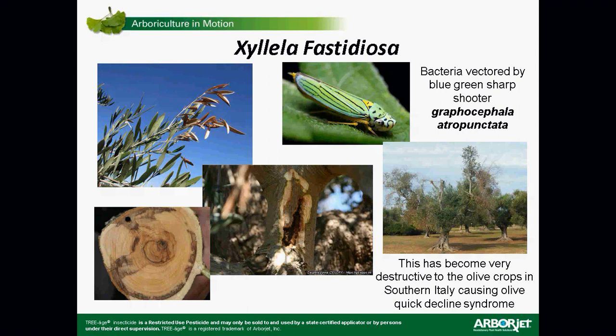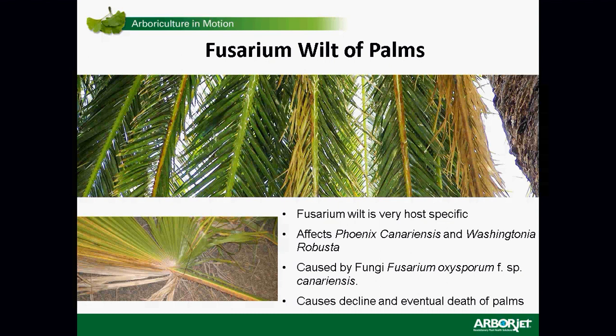But once you see the disease get into the tree, we start seeing the dieback. You can treat for this with Arbor OTC. So a lot of times a dual application of imidacloprid, the Arborjet, and Arbor OTC can help stave off infections of this particular disease.